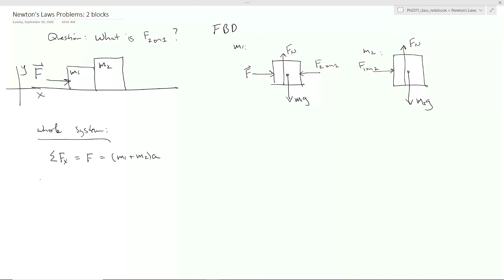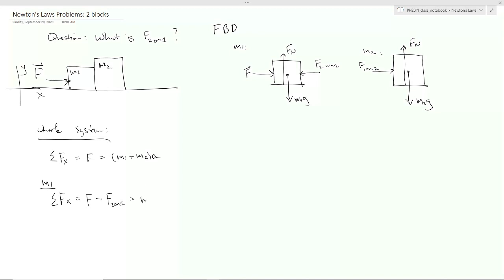And then let's look at each block individually. So for mass 1, if we look at the sum of the forces in the x direction for mass 1, we have F minus F2 on 1, since it's pointed along the negative x-axis.